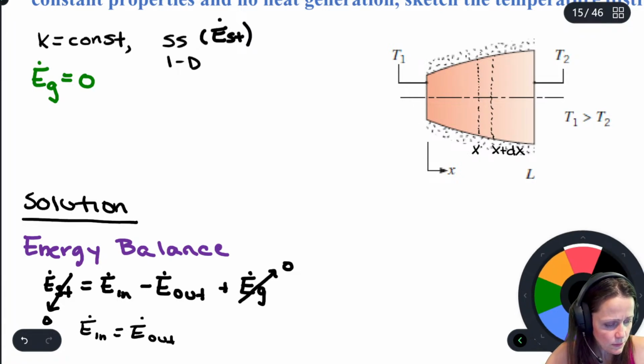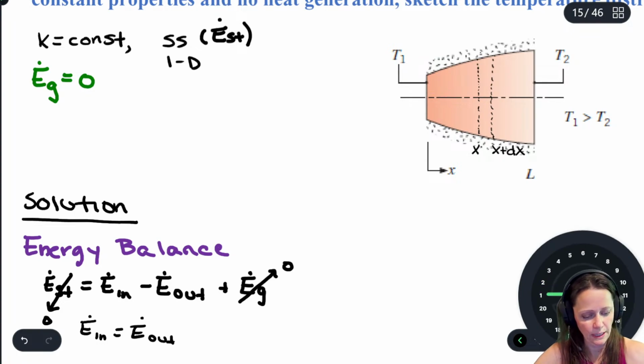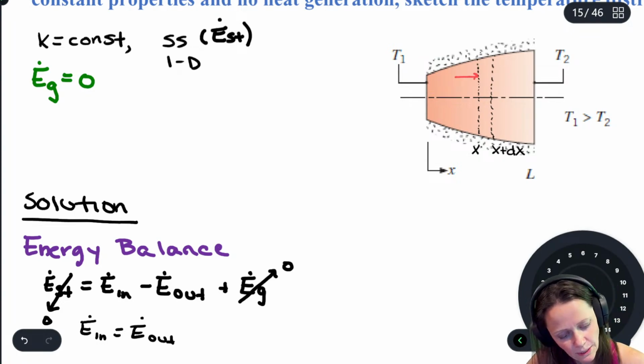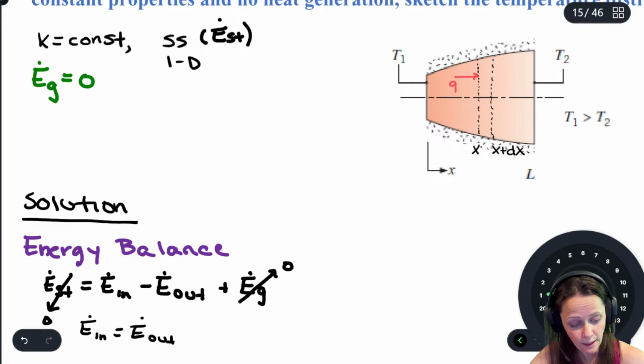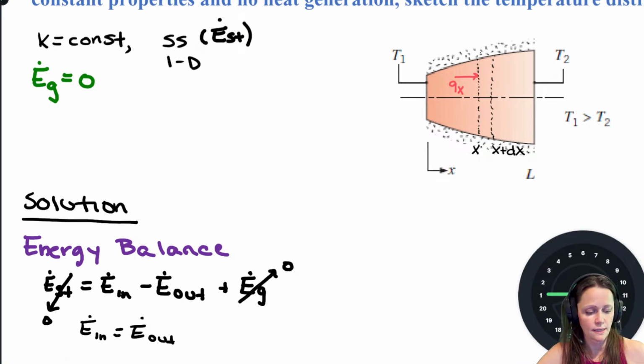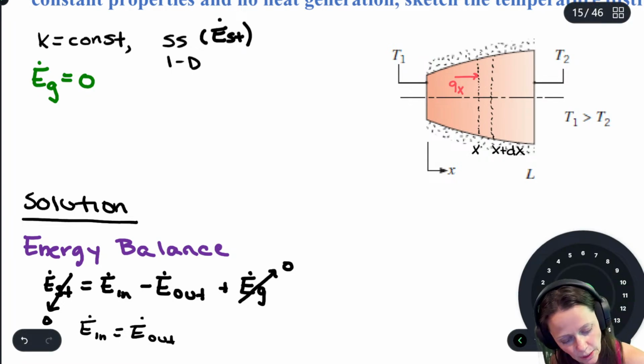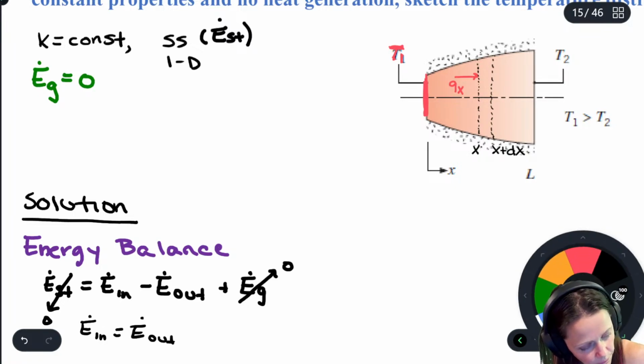Okay. So then let's go over to our control volume again. What's going in and what's going out? Well, I have Q by conduction going in at x. And I know it's flowing in this direction because of the little statement to the right. It says T1 is bigger than T2. So this is T1, some higher temperature, and this guy over here is at a lower temperature.